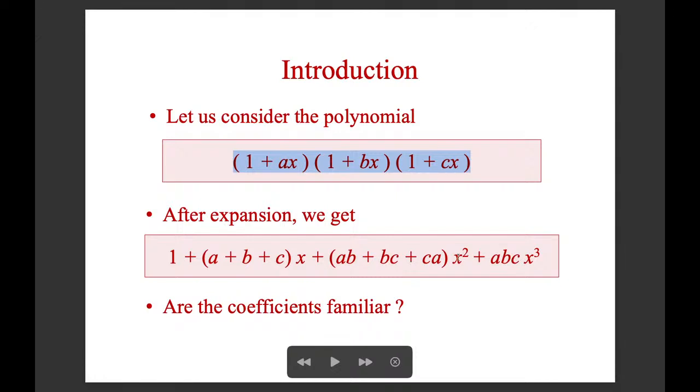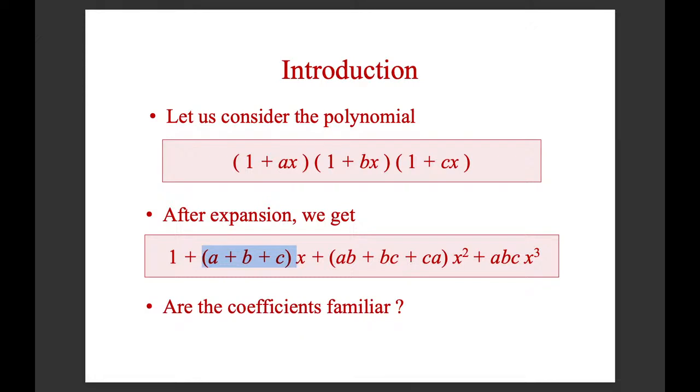So the coefficient of x is exactly the representation of the ways that we are selecting one object. The coefficient for x squared is the same as our representation of the ways that we are selecting two objects, and for x cubed, the corresponding coefficient ABC is the representation of how we are selecting three objects.